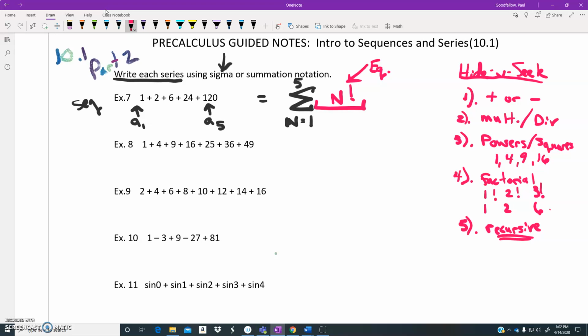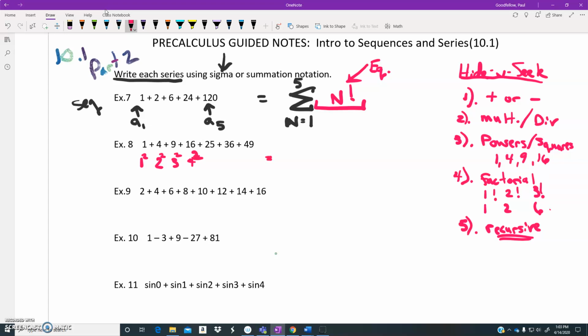Now, if I start looking at some of these, we can probably recognize patterns. We've got 1, then 2. That looks like 1 squared, and that looks like 2 squared, and that's 3 squared, and that's 4 squared. Hey, I think I got it. 1, 2, 3, 4, it's squared.